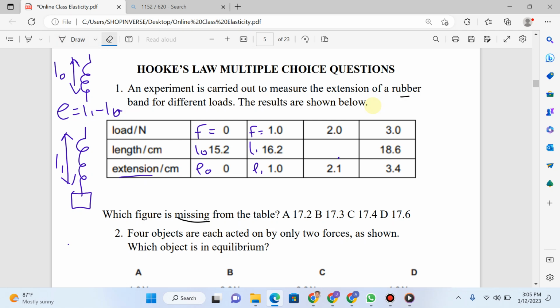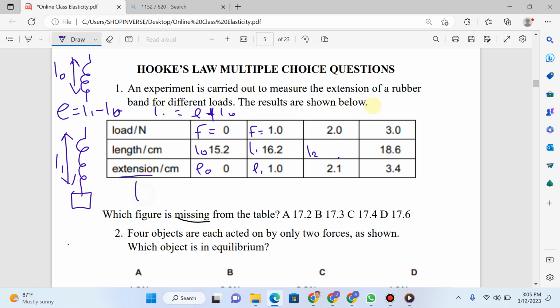So what's the effect of all of this? We are trying to find the value of the length L2. How do you get L2? If E is equal to L1 minus L0, that means L1 is equal to E plus L0. And the same formula can be used to get the value of L2.